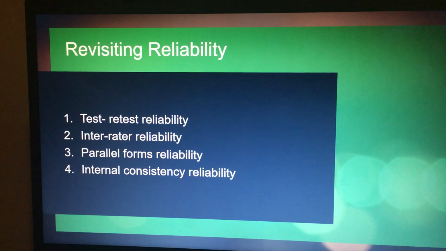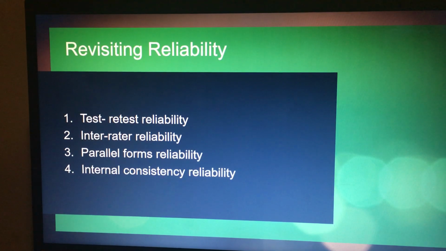Parallel forms reliability. This involves creating 2 different versions of the same test, both intended to measure the same construct. It is common for researchers to create different forms of the same assessment in an attempt to prevent cheating and to help reduce repeated testing effects.